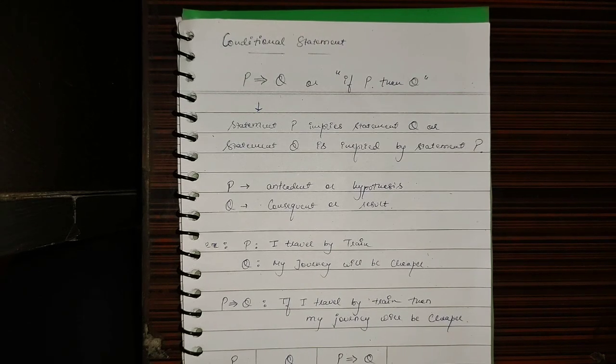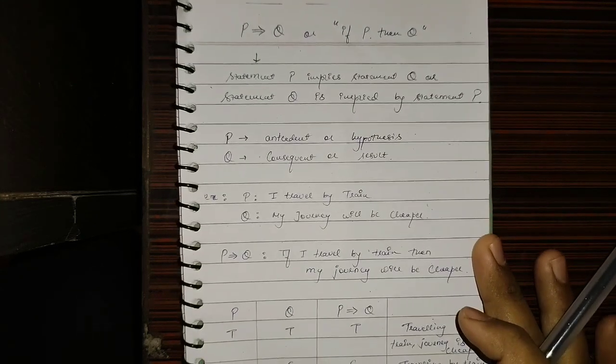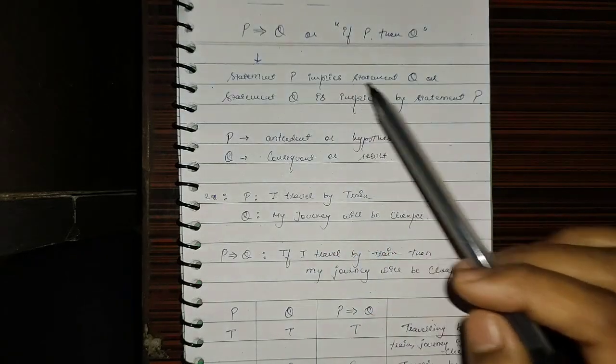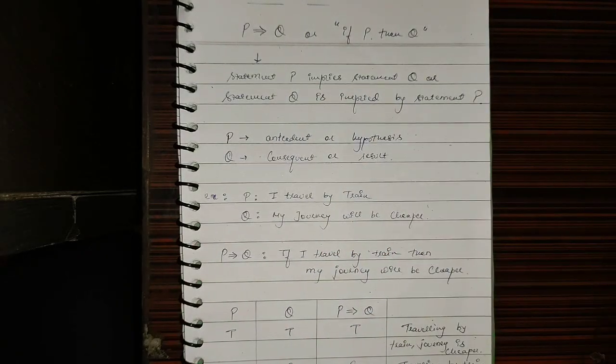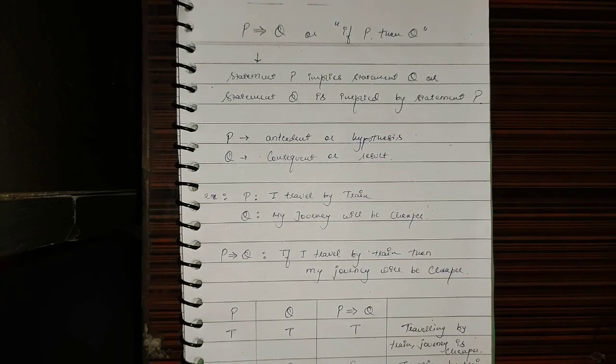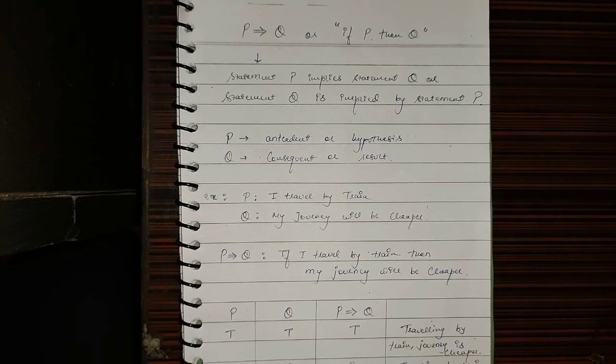So how do we read conditional statements? This can be read as statement P implies statement Q, or statement Q is implied by statement P, meaning statement P is pointing towards statement Q, that if P has happened, then Q will happen.